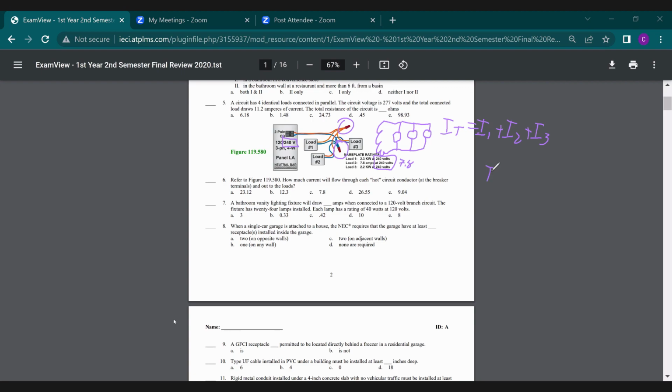The way we do that is I equals P divided by E. So in this case, we're going to take 2,300 watts divided by 240. And this is load 1, and load 3 is going to be 2,200 divided by 240. Plug those guys into your calculators, then we'll get those answers rolling.